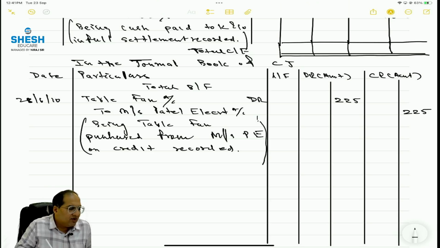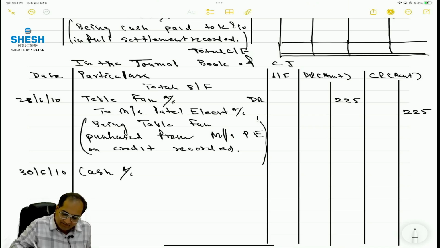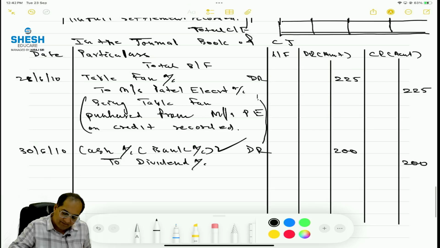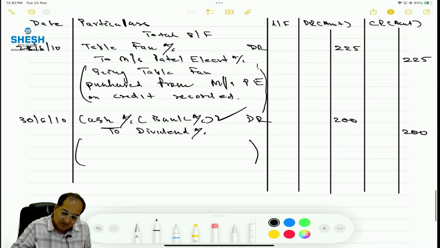Still, because they have specifically mentioned cash, I will write cash account debit 200. Actually it should be bank account debit 200 to dividend account 200. Narration, being dividend received in cash recorded.